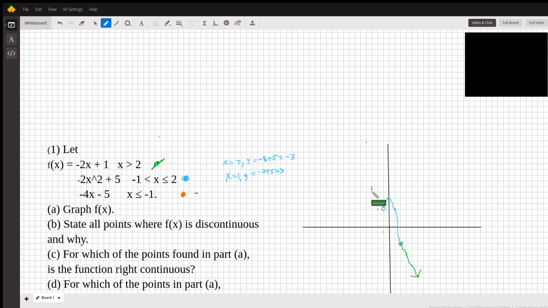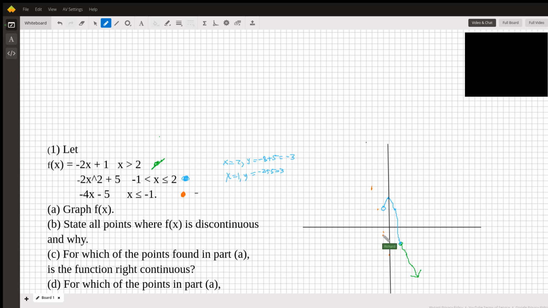So what we don't need is the y-intercept, so I'm just going to erase that. But the y-intercept is always a good place to start. I can't seem to erase the dot there. We'll just ignore it.